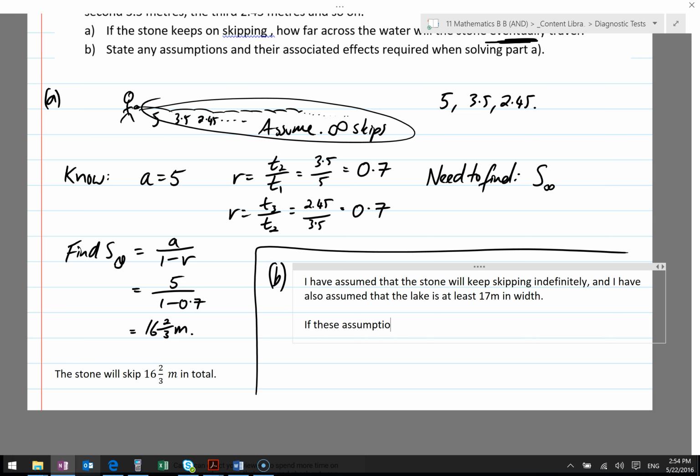If these assumptions are not correct, then the stone will not travel this distance. It will be stopped at an earlier, shorter distance.